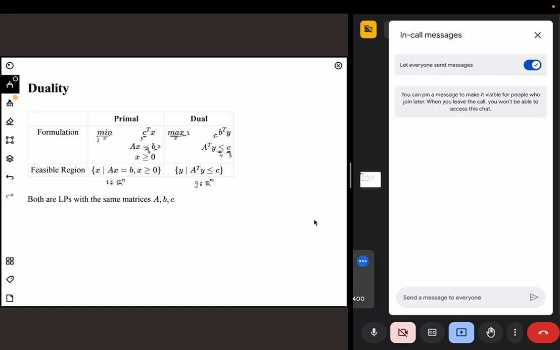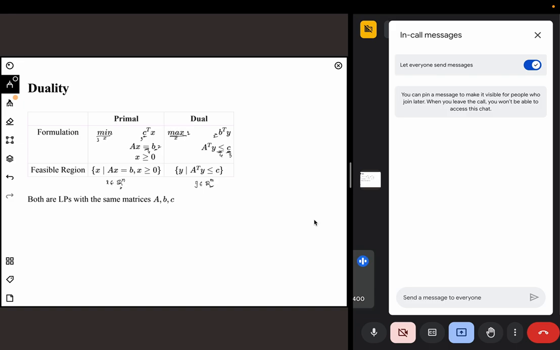So both are from completely different domains. Mathematically, you can write it as x such that Ax equal to b, x greater than or equal to 0, and y such that this particular condition is satisfied. So these are your feasible regions. Even though the dimensions are different for x and y, the A, b, and c matrices that we have defined here are the same.